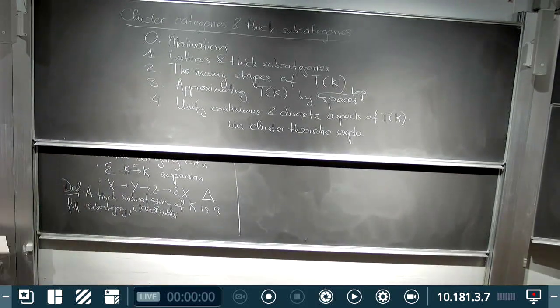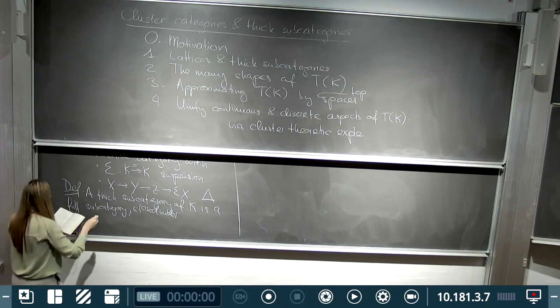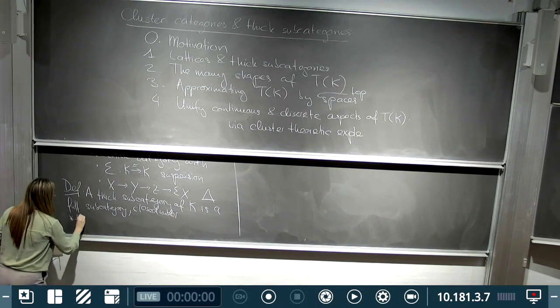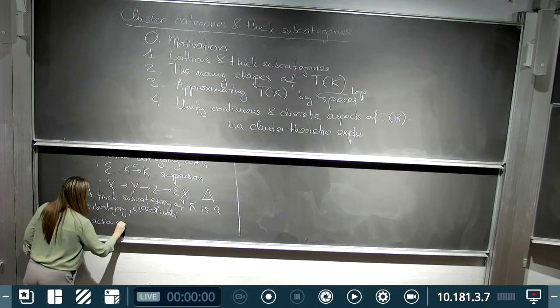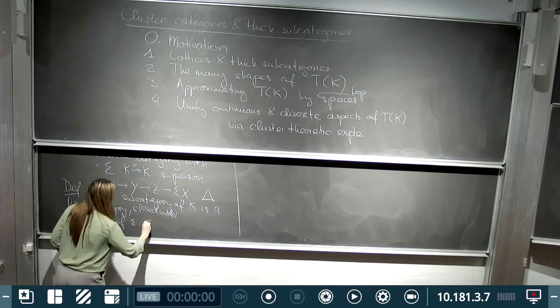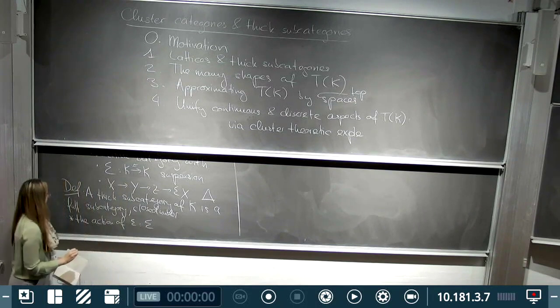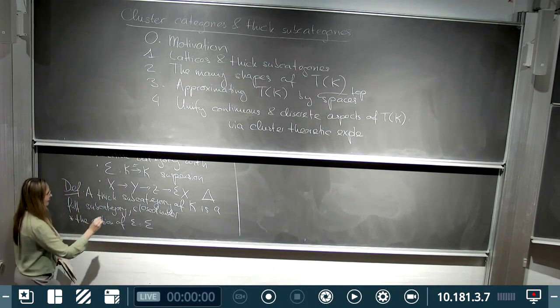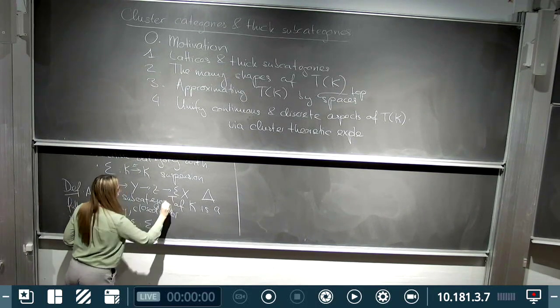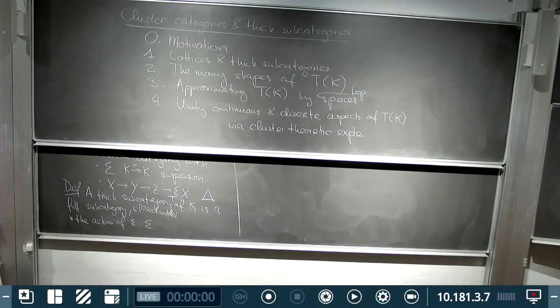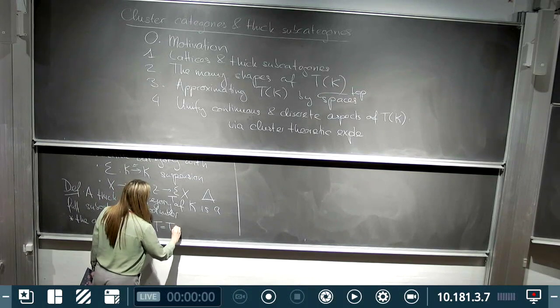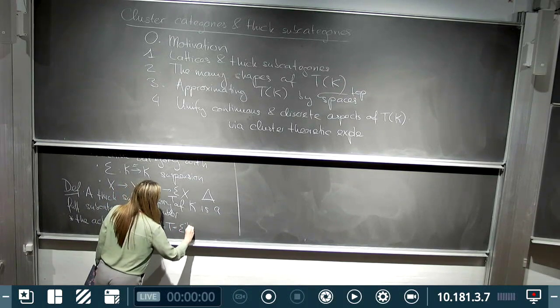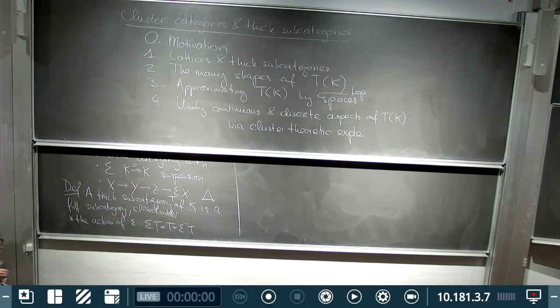It's closed under the action of sigma, the suspension. So if I have a subcategory T of K, sigma of T is just T, it's the same as sigma inverse of T. So it behaves well with respect to the suspension.